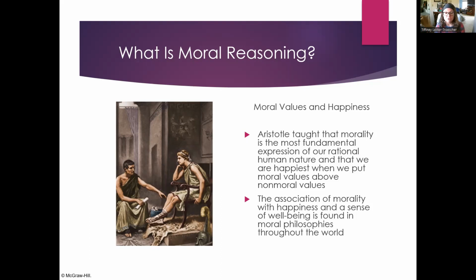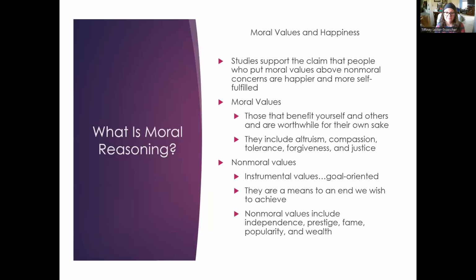The association of morality with happiness and a sense of well-being is actually found in moral philosophies throughout the world. So it's a very fundamental part of human existence, believed around the world through time, that we are happiest when we put moral values ahead of non-moral values, right?